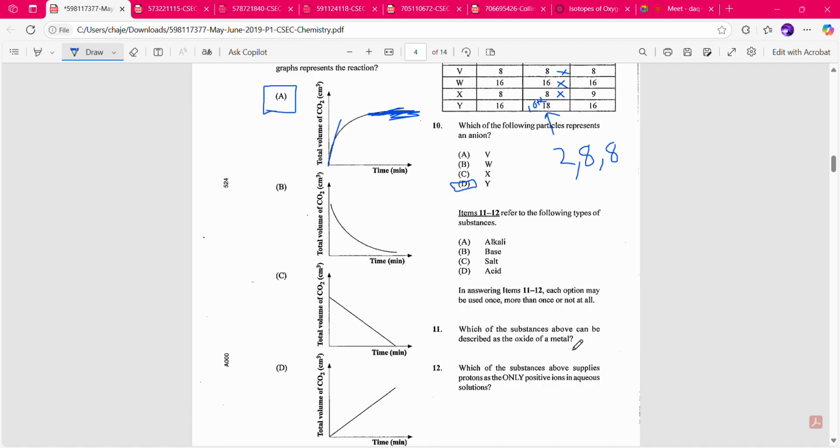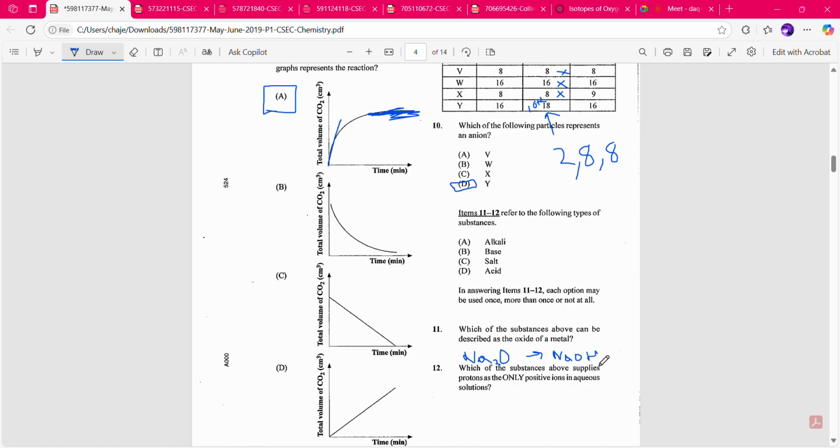Oxides of metals are bases, and if you're ever confused, just think of a random metal. I'm gonna go with Na and oxygen. When you look at this oxide here, it looks very closely to sodium hydroxide, which is NaOH, right?